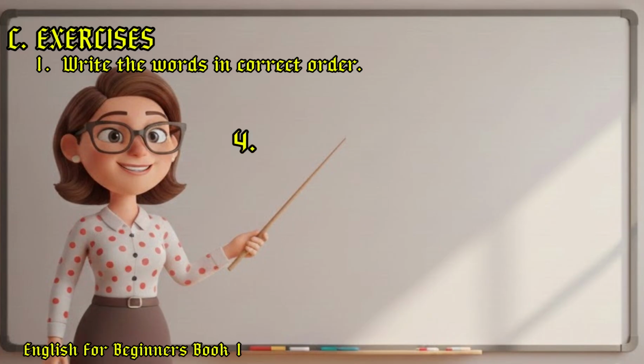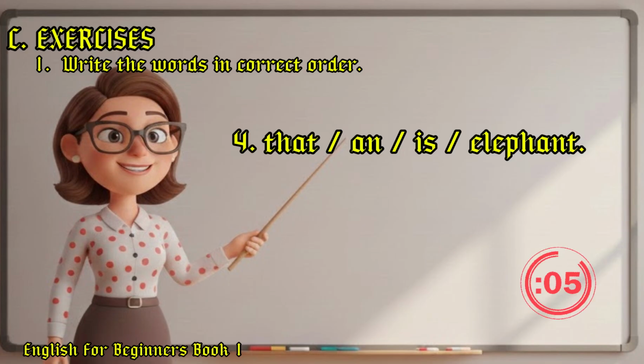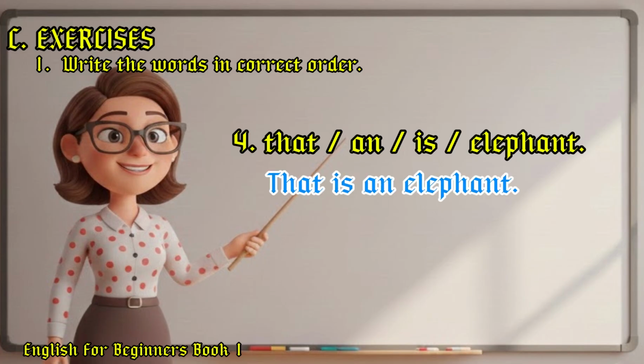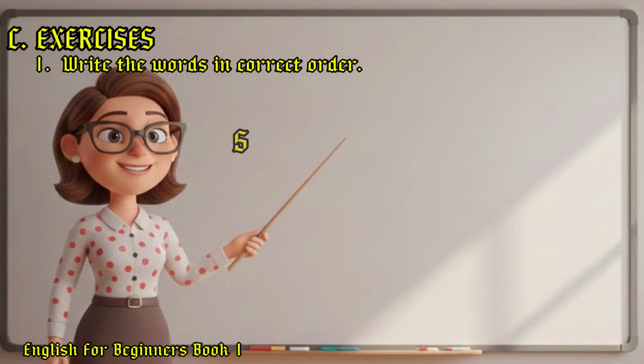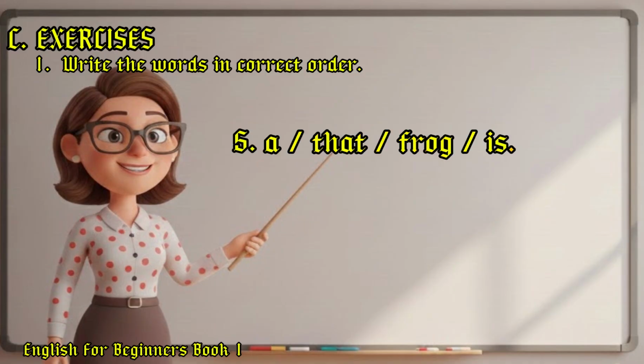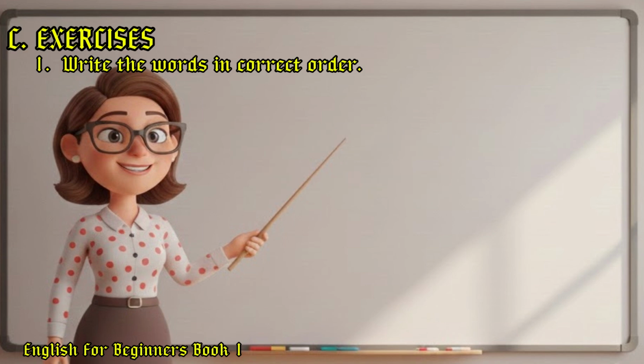4. That an is elephant. That is an elephant. 5. A that frog is. That is a frog. 6.